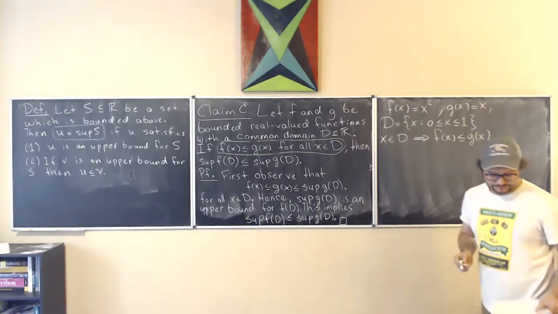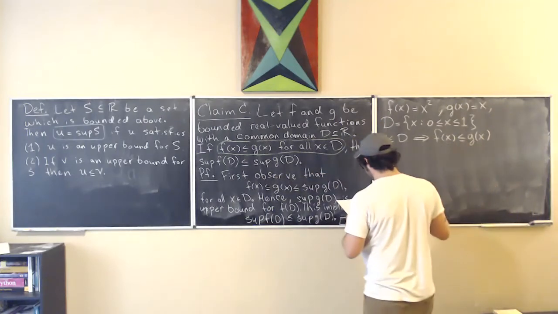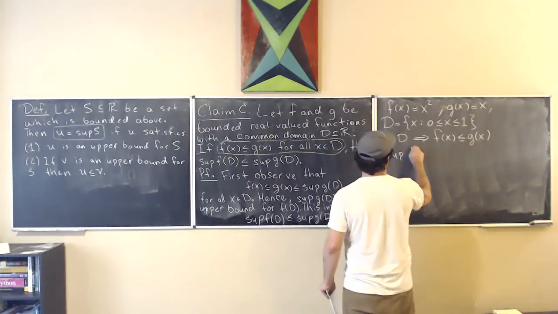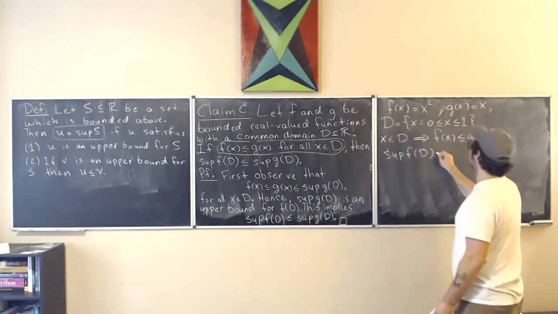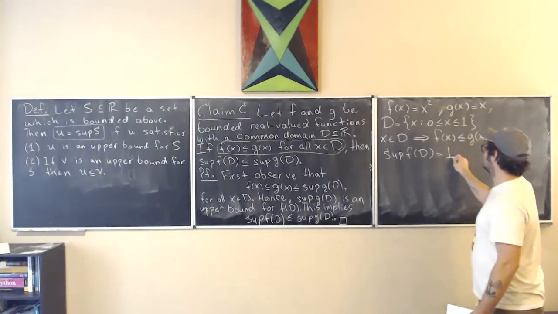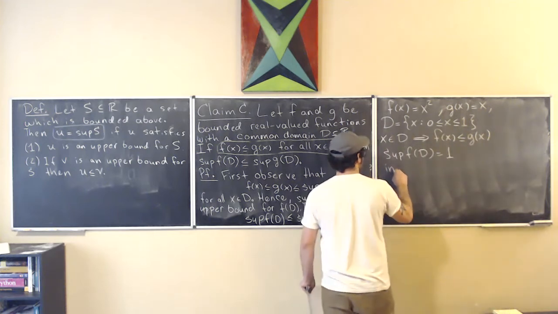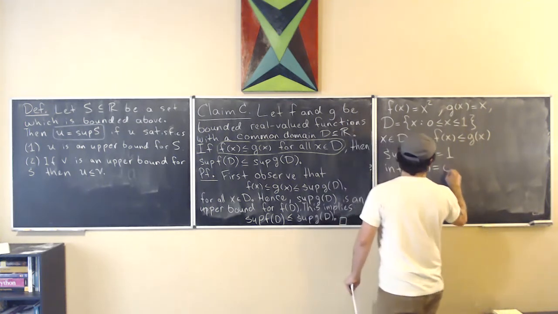So with that observation, just notice now that the supremum of the image of D under F is clearly going to be 1. But the infimum of the image of D under G is going to be 0.